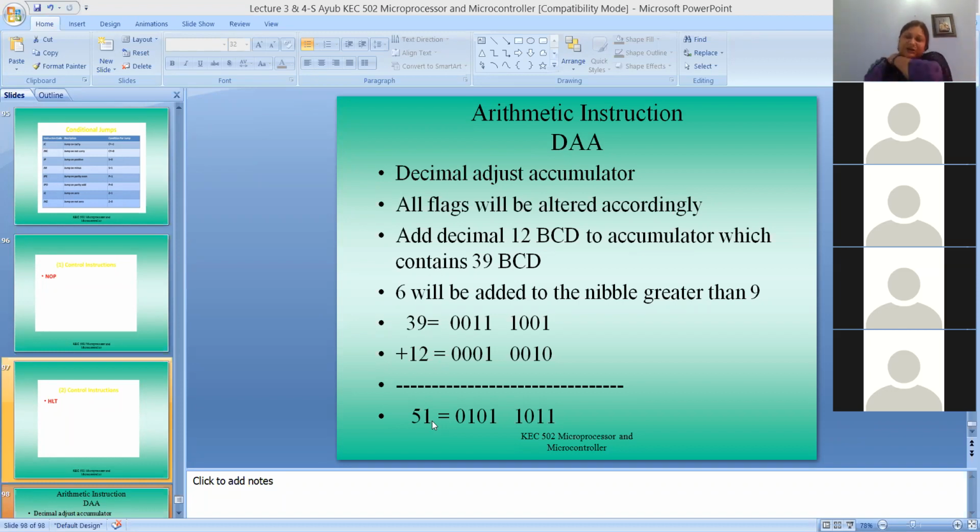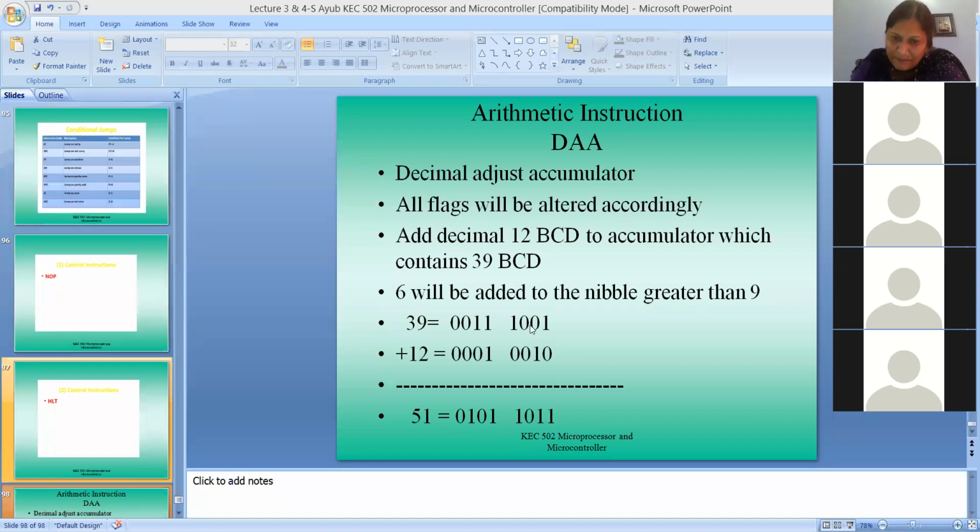And how is this done? This is done when you see that the result of addition is greater than 9, then you add 6 to this particular content. Now see over here, this is 9, and if you add anything to this, ultimately the addition is going to exceed 9.